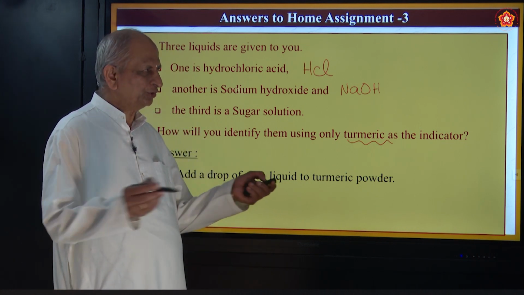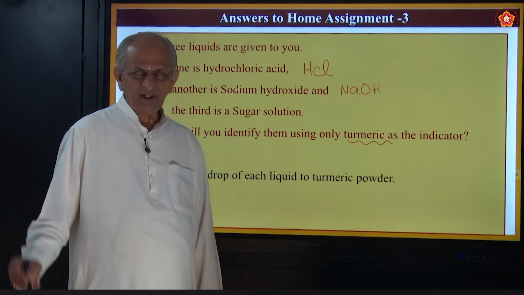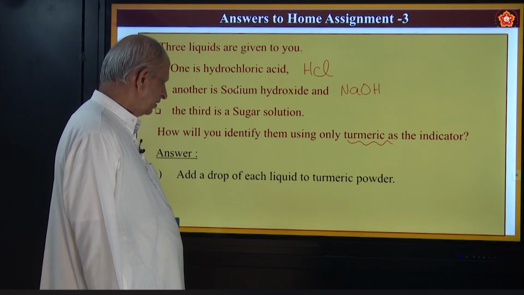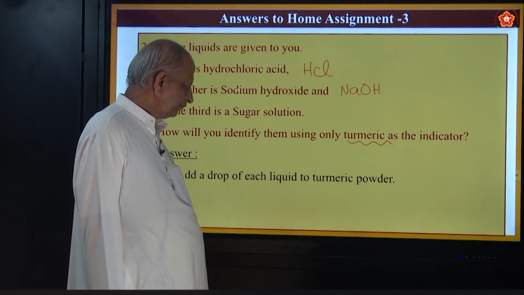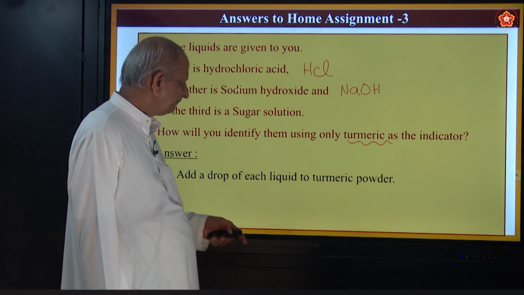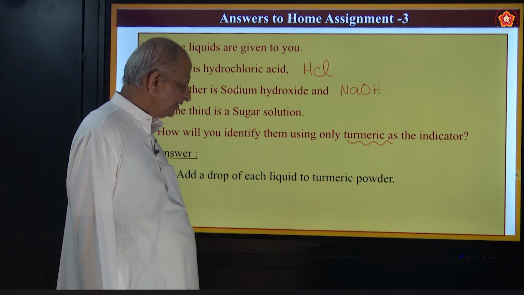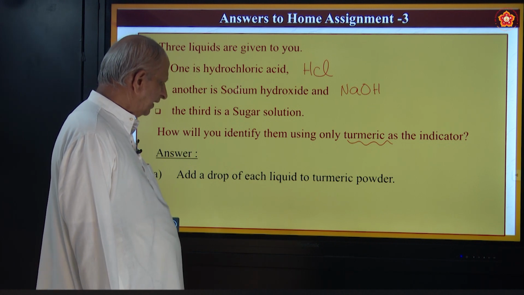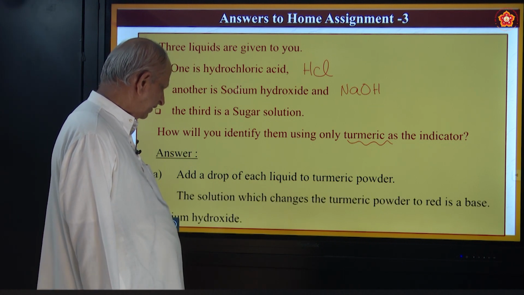So, the answer is to add a drop of each liquid to turmeric powder. Three solutions are to be taken. For the first solution add a pinch of turmeric powder. Second solution, add a pinch of turmeric powder. And third solution, add a pinch of turmeric powder.